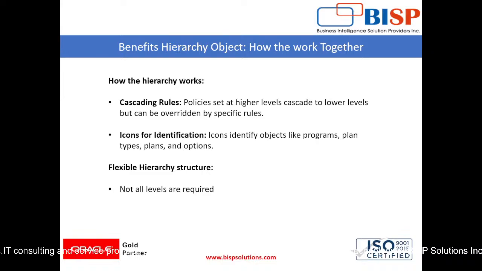If you apply any policies to the first level, which is your program, automatically all the lower levels in the hierarchy of benefit will get applied. So that is the cascading rule for the hierarchy.